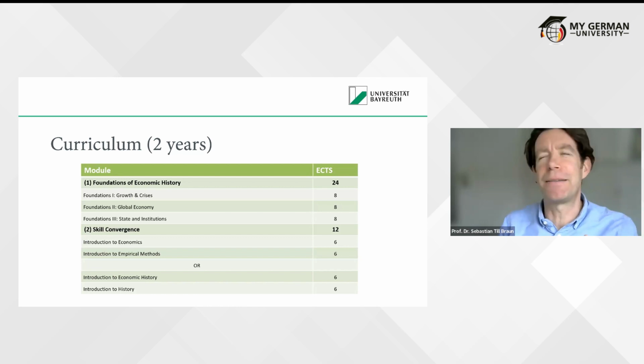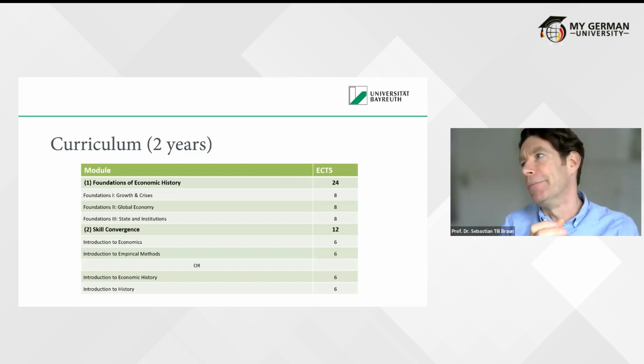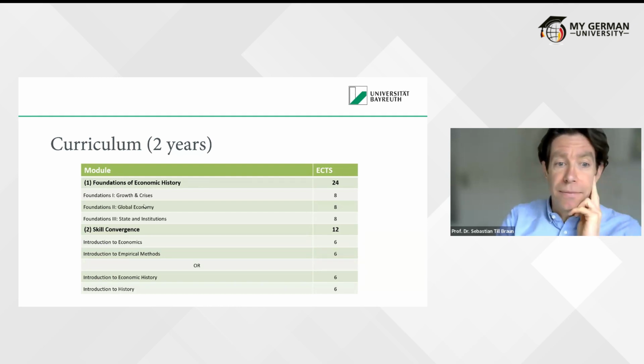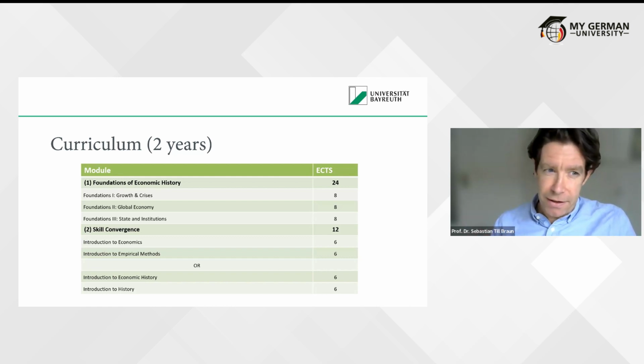It's mostly on this big question in economic history: why are some countries today so rich and others are poor? So I think a very exciting question. Then there's a second module on the evolution of the global economy, especially, I should say, with a focus also on the 19th and 20th century. So Christian talked about their focus.